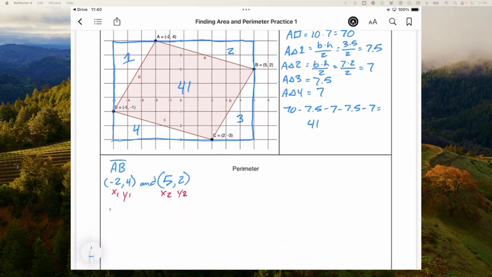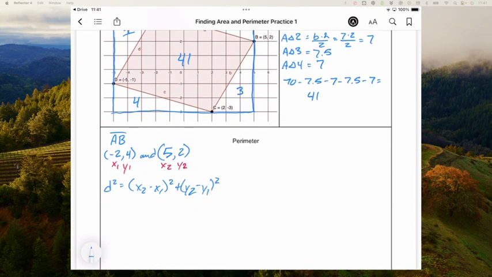and d squared is equal to x2 minus x1 squared plus y2 minus y1 squared. And so, again, always with the template first.